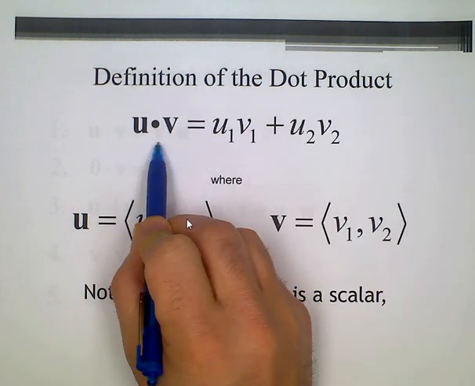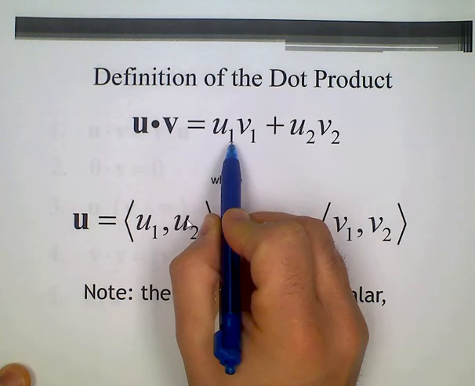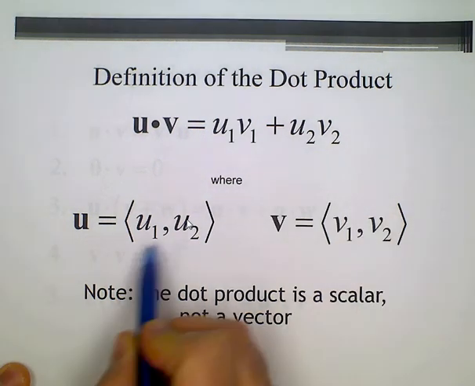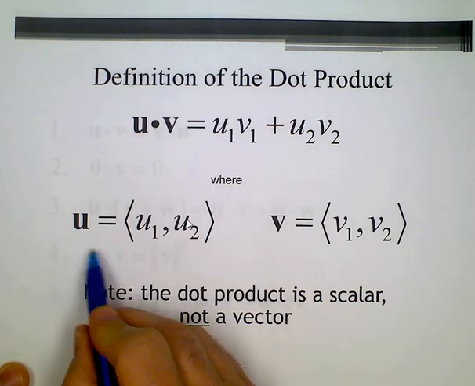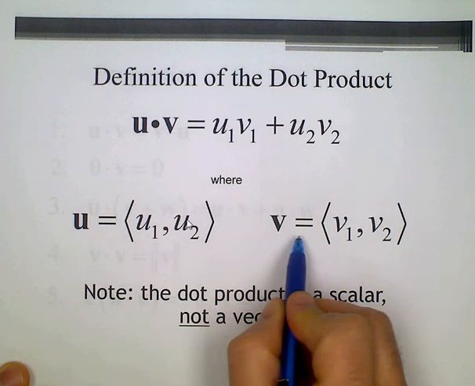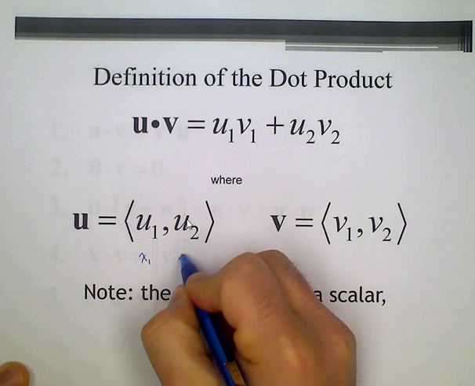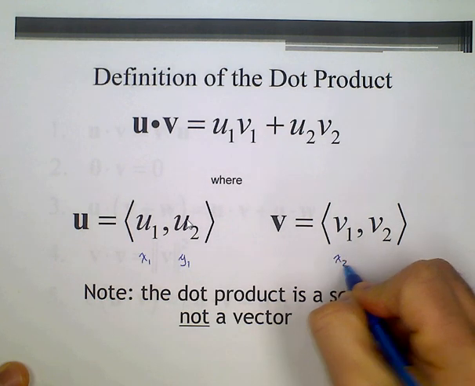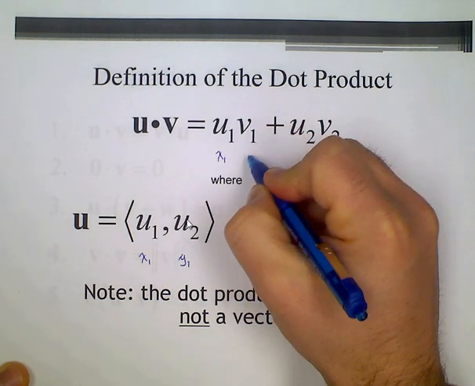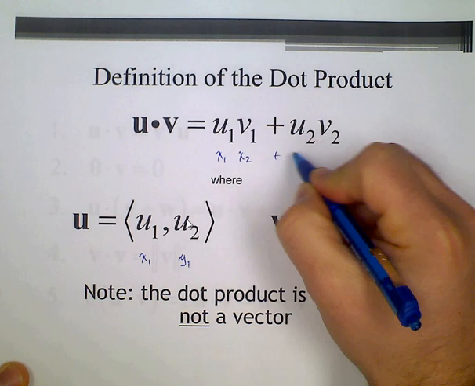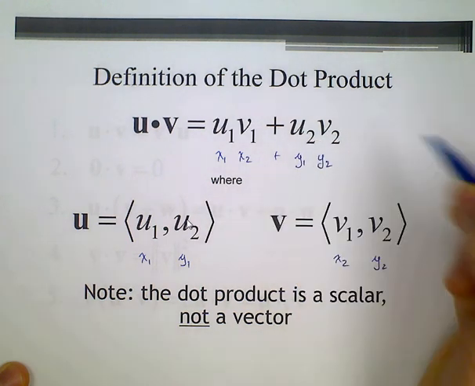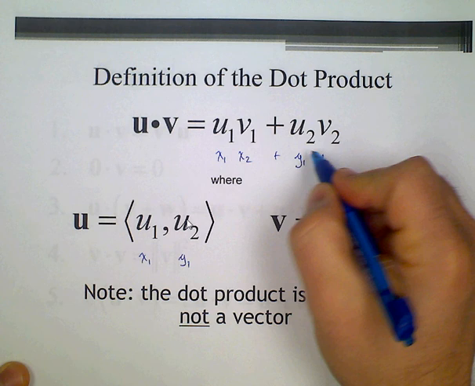And the dot product is defined as u1v1 plus u2v2, where these are the components of vector u and the components of vector v. We usually discuss it in terms of xy, so you can call it x1x2 plus y1y2.